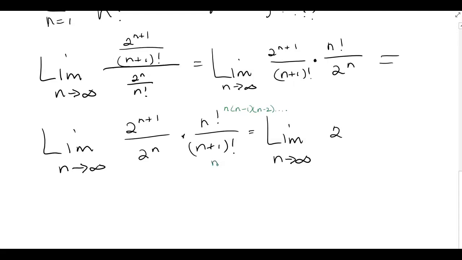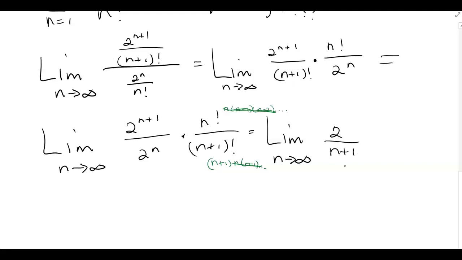And n plus 1 factorial is n plus 1 times n times n minus 1, dot, dot, dot. So the n minus 1's all cancel. The n cancels, sorry. And what are you left with? You're left with an n plus 1 in the denominator, so be careful. Well, there you are. You're left with a limit that you can easily take.